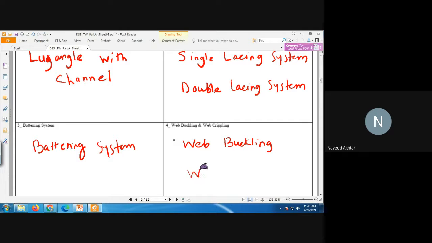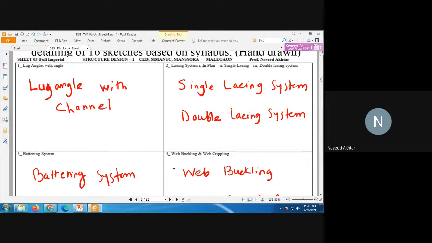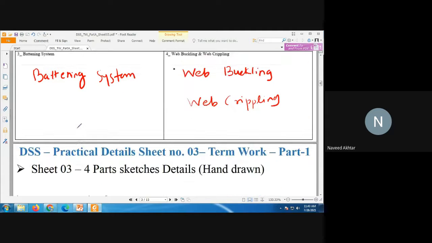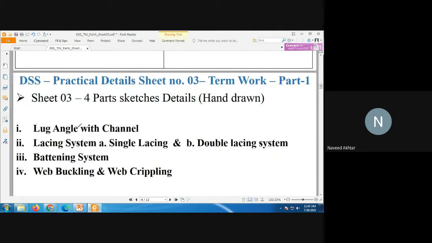Web buckling and web crippling in case of your beam or column, etc., or you can say the bending moment due to shear or concentrated load. All these 4 sections you have to draw, and that is the outcome of today's practical. The 4 parts of sketches, details are hand drawn. Okay.